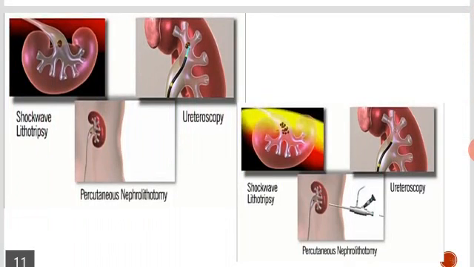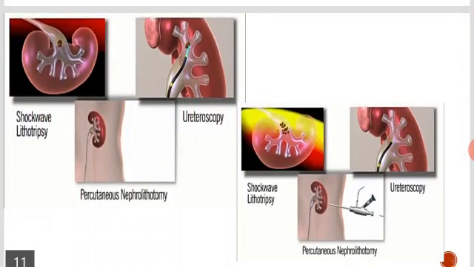Followed by that, ureteroscopy, where a small instrument, the ureteroscope, is inserted through the bladder into the ureter, where kidney stones are broken by the laser fiber.